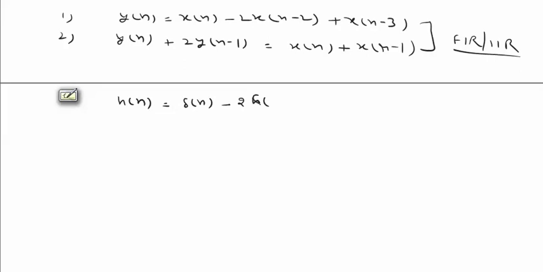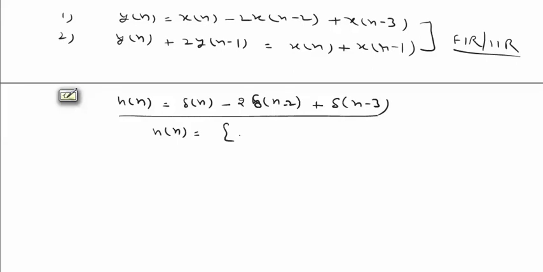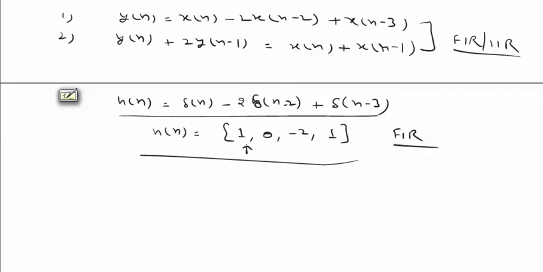As we apply the impulse, h[n] can be represented in this way: at 0 location 1, at 1 location nothing, at 2 location minus 2, at 3 location 1. This is the impulse response. The impulse response of an FIR filter has finite samples.